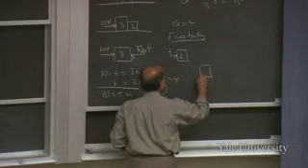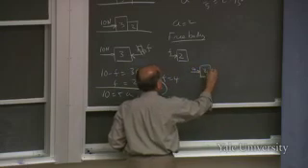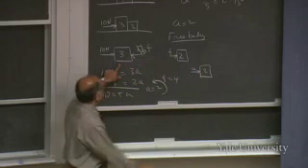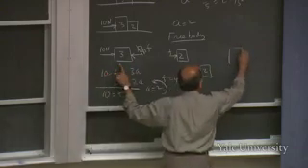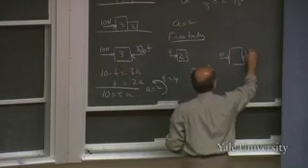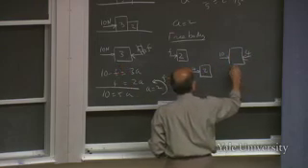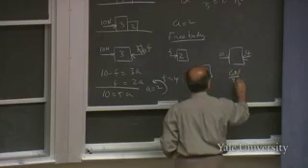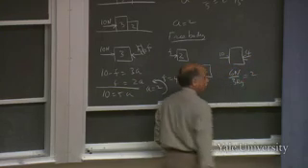Now we know the full story. 4 newtons acting on 2 kilograms gives you an acceleration of 2. On this guy, I have 10 from the left, and I have 4 acting that way. That is 6 newtons divided by 3 kilograms, which is also an acceleration of 2.